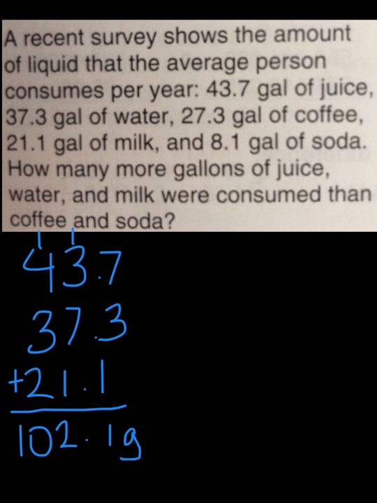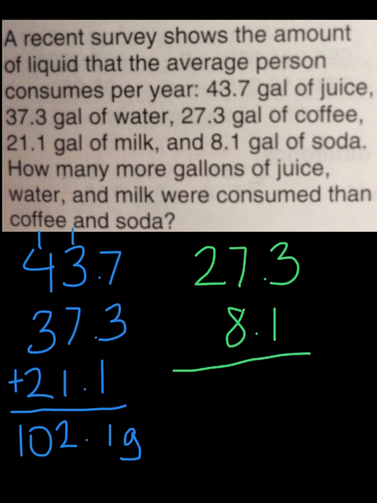Then I need to look at my coffee and soda. And I see it's 27.3 gallons of coffee and only 8.1 gallons of soda. I'm going to add those together. So I have 27.3 plus 8.1.